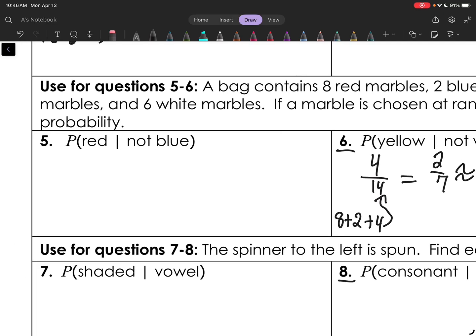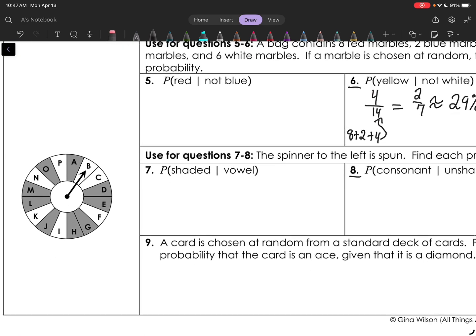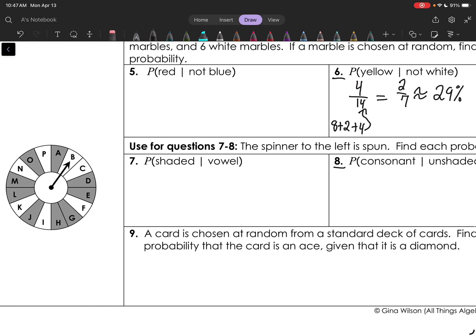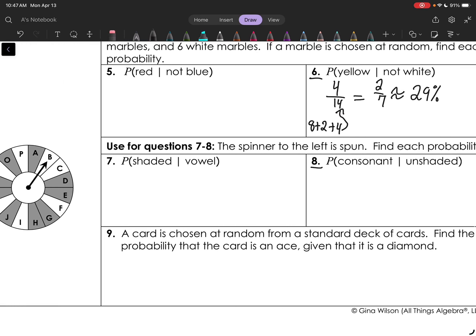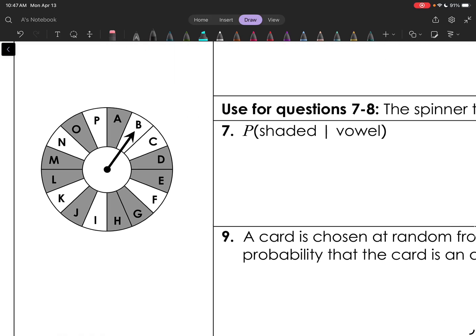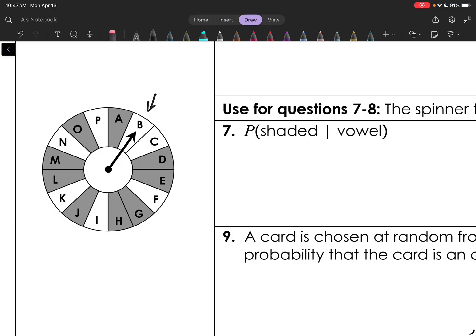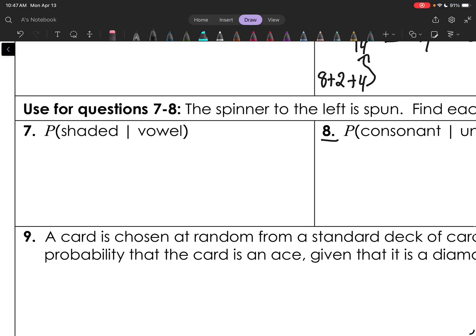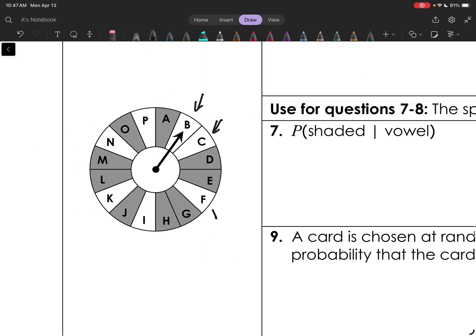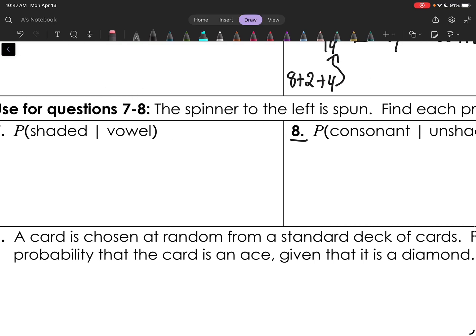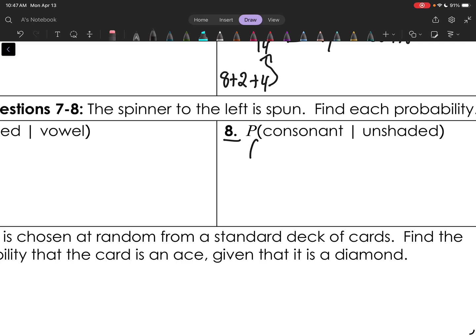Try number 5. The spinner to the left is spun. Find the probability I have a consonant given it is unshaded. So my unshaded values are B, C, F, I, K, N, and P. My consonants here that are not shaded are B, C, F, K, and P. That's 5 of them.